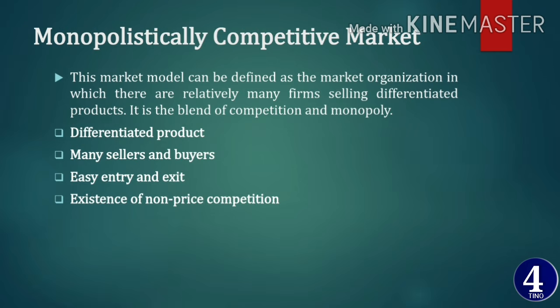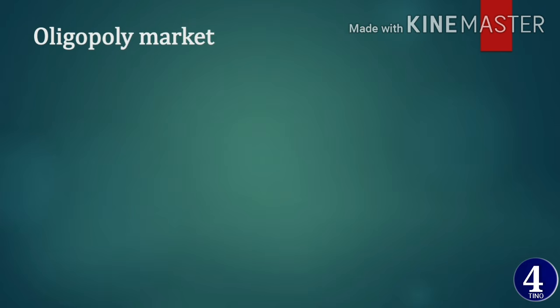Very good. So these are among the most important characteristics of the monopolistically competitive market. Now let us see the last but not the least type of market structure, which is oligopoly.